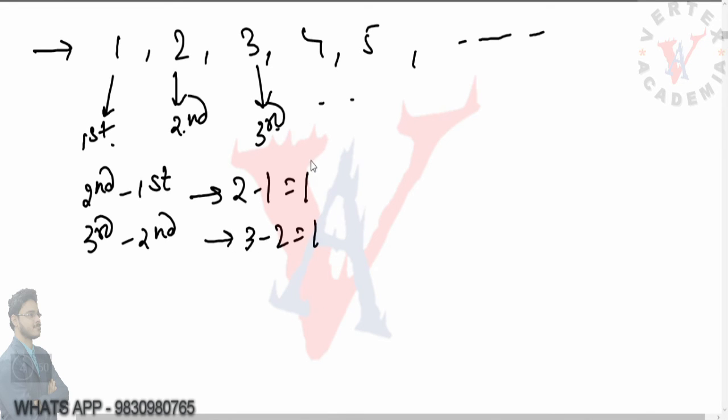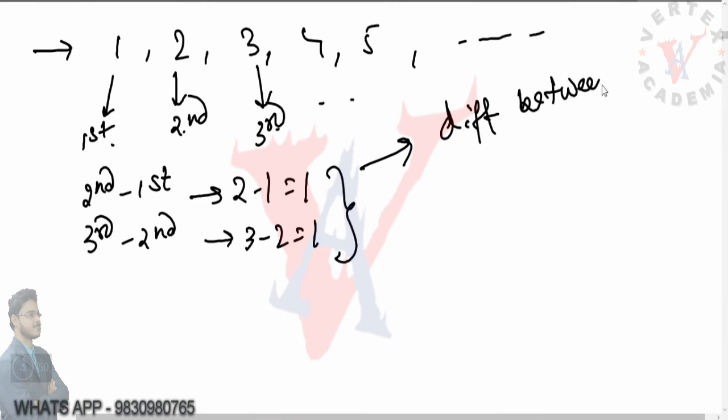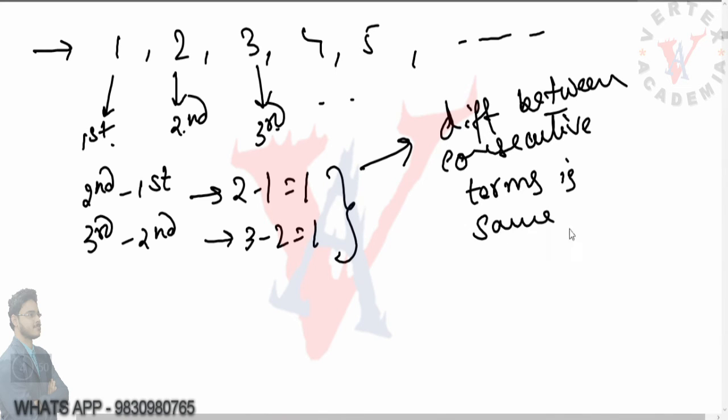And if you keep on doing, you will keep on getting 1. So here we can see that the difference between consecutive terms is same. Therefore this is an AP, right?